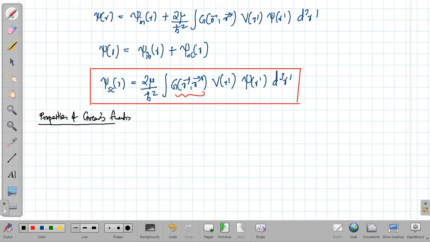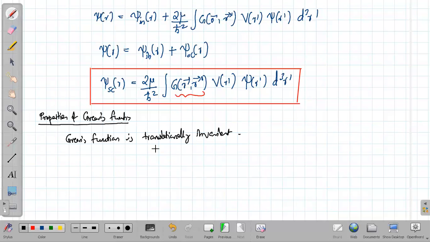One important thing we have to remember is that the Green's function is translationally invariant.